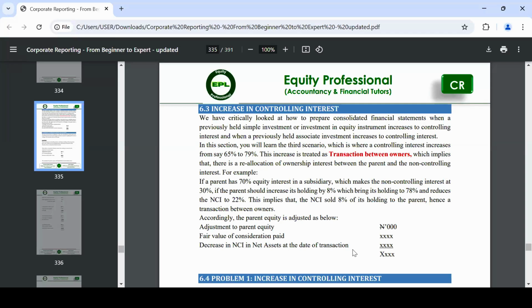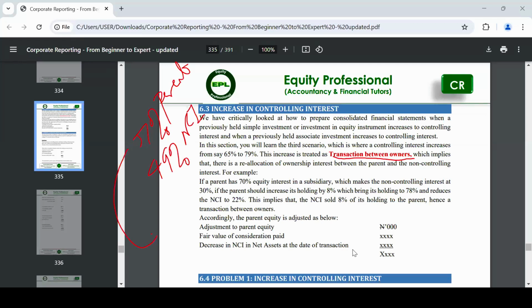When you increase your controlling interest, it will be treated as a transaction between owners, meaning that there is a reallocation of ownership interest between parent and non-controlling interest. What are we saying here? You had 51% parent, NCI how many percent? 49%.